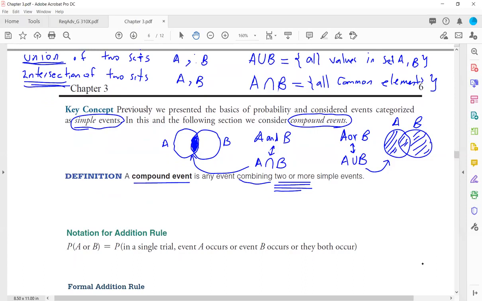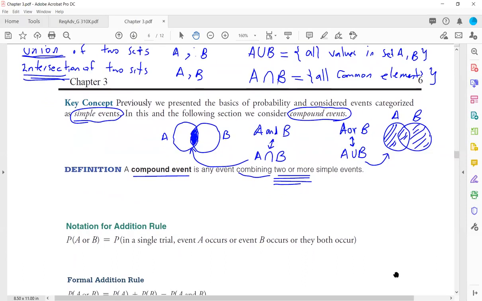Notation for the addition rule. The probability of A or B is the probability that in a single trial, event A occurs or event B occurs or they both occur. That's the meaning, that's the interpretation.